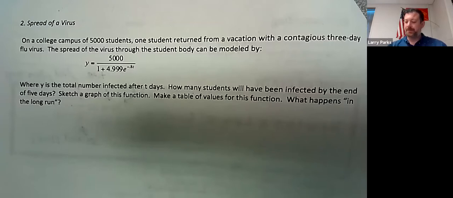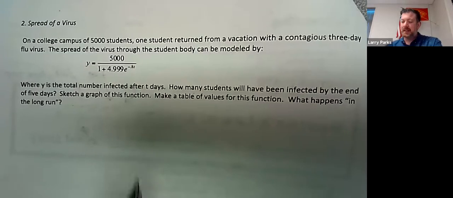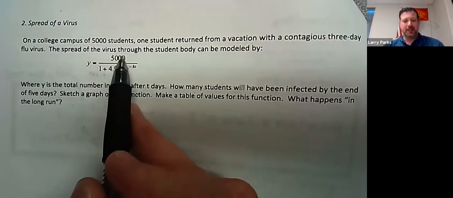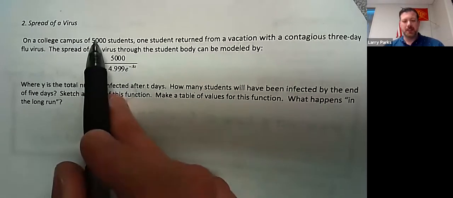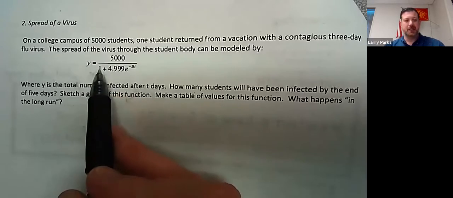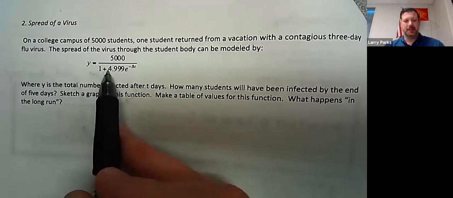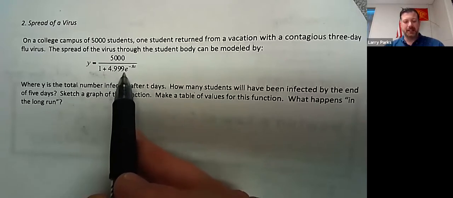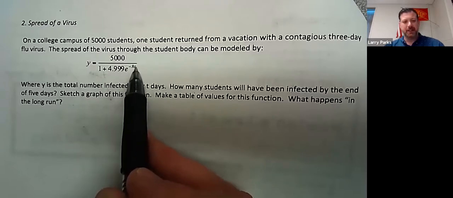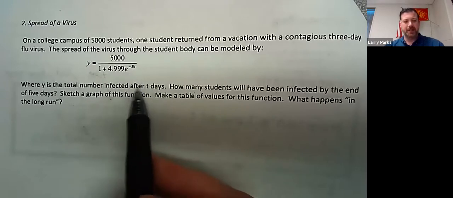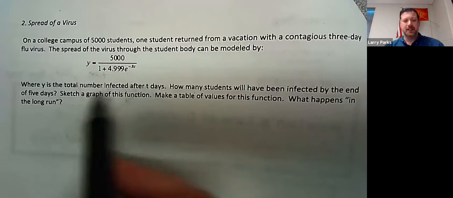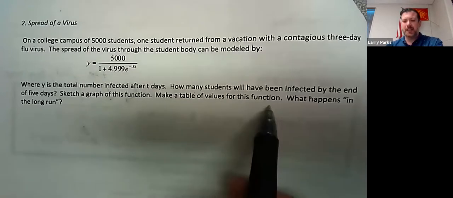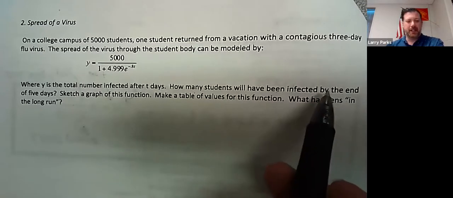So that's always 5,000, probably because there's 5,000 students. That's always a 1 plus 4.999 e, where e is approximately 2.713. We'll plug that in the calculator.